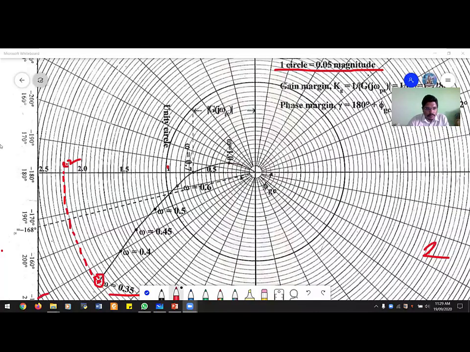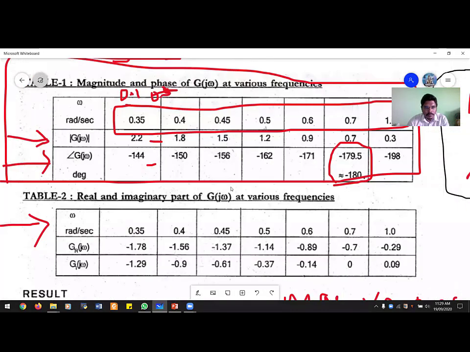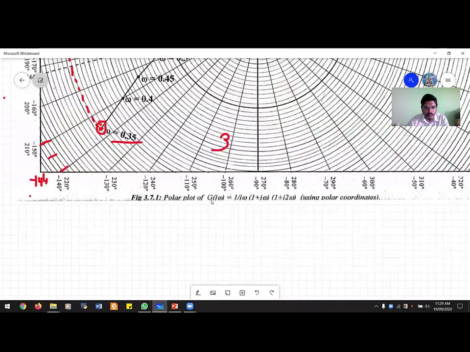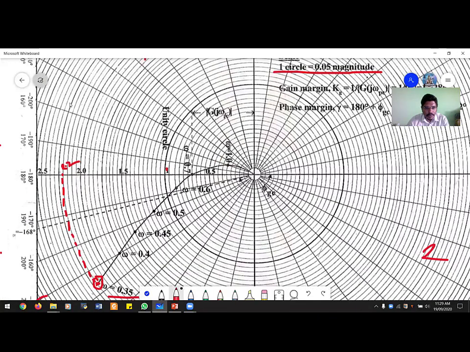So now we will see, frequency is 0.4 and magnitude value is 1.8, minus 150. See where 1.8 is. This is 1.5, this is 1.75, and 1.8 comes here. So that 1.8 will come in this circle. This entire circle is 1.8. If you trace it out, at that time what is the phase angle?